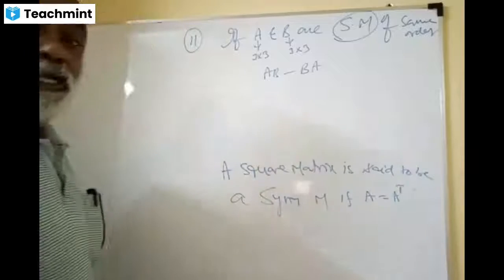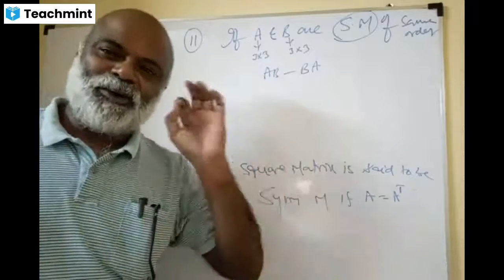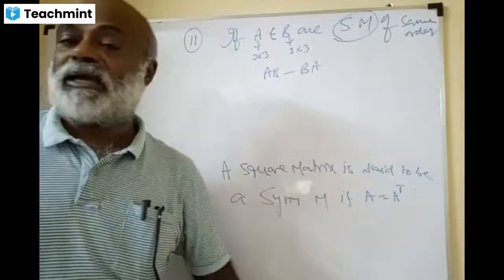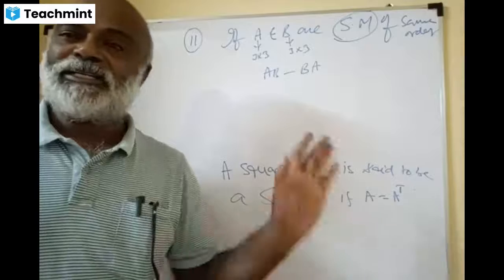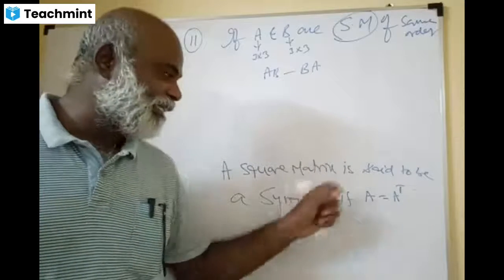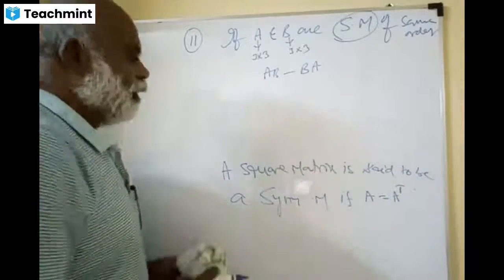This is the rule. You can't get it for all matrices. Only a square matrix can have the symmetric property. Not all square matrices are symmetric. If they follow the rule A equals A dash, then you have the symmetric property.